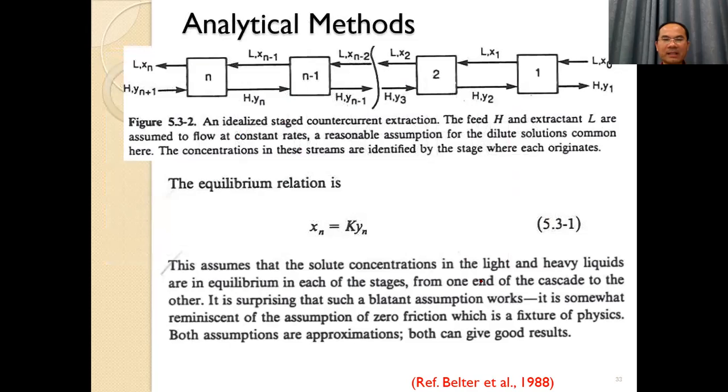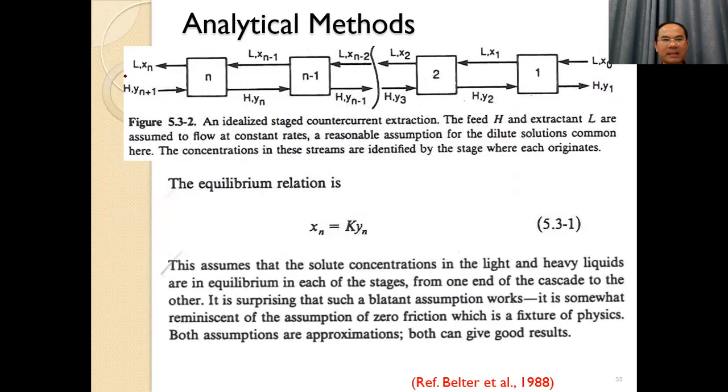Right. We can display this in terms of the box flow diagram. This is the feed. This is the raffinate feed. This is the feed solvent. This is the extract feed. We represent by stage 1, 2, n-1, and n, with feed at n+1. The output of the heavy phase is R1, S1, and the feed of pure solvent is L or X0.